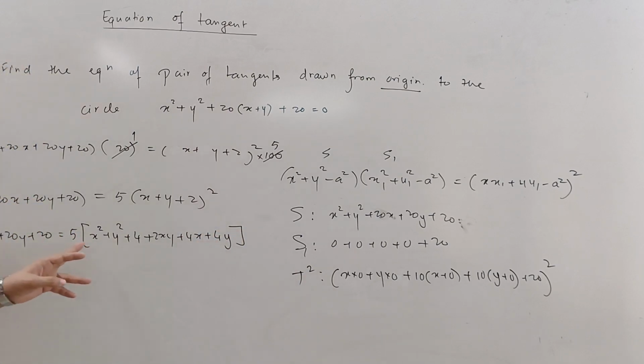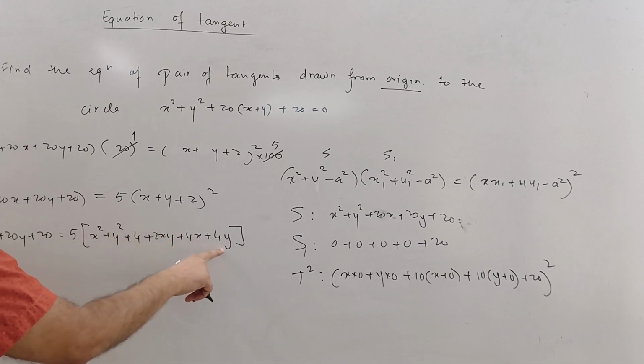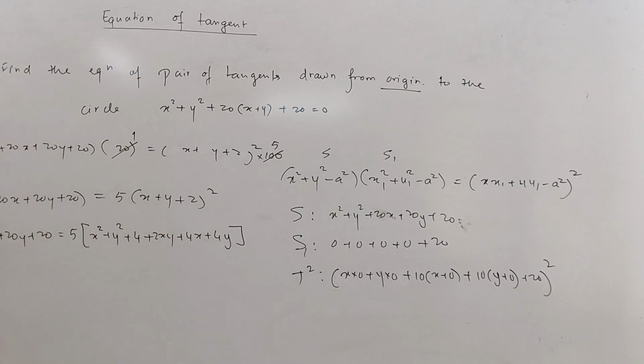So this is a simple expansion of a square plus b square plus c square plus 2ab plus 2bc plus 2ca. Clearly you can see that here I am going to have one term as 20x, one term will be 20y. You multiply and see, you will realize this fact. And so I can say that the x term will get vanished, y term will get vanished. Apart from that, 5 into 4 is 20, so the constant of 20 will also vanish.